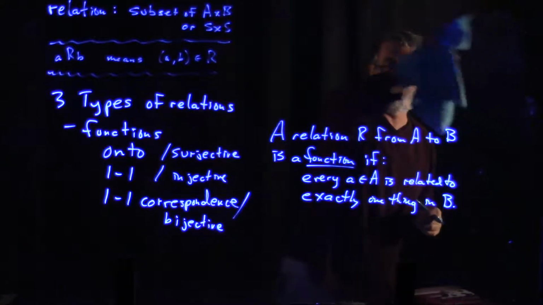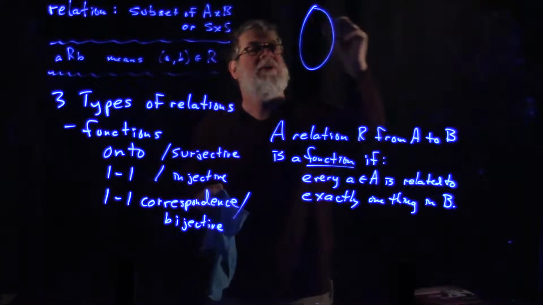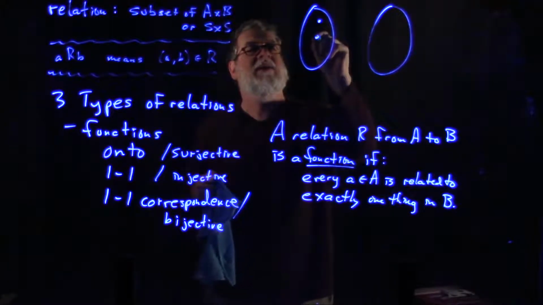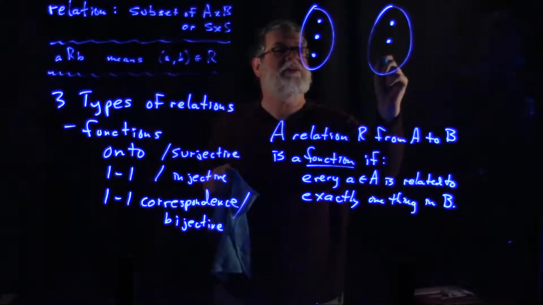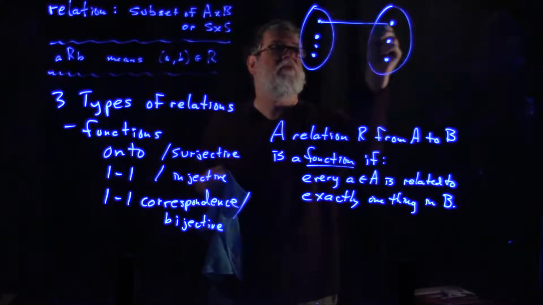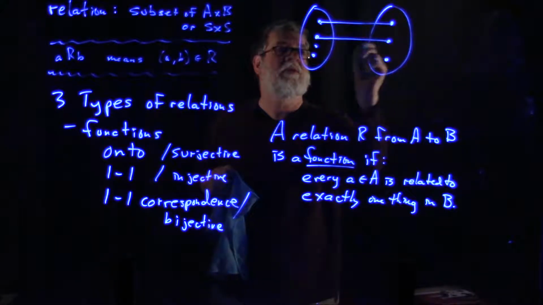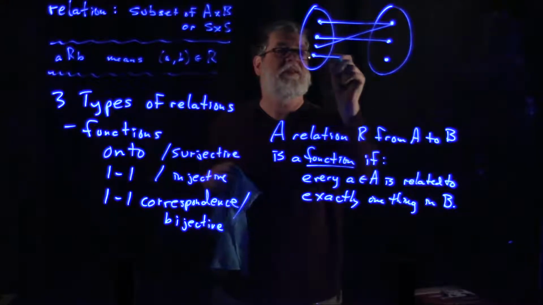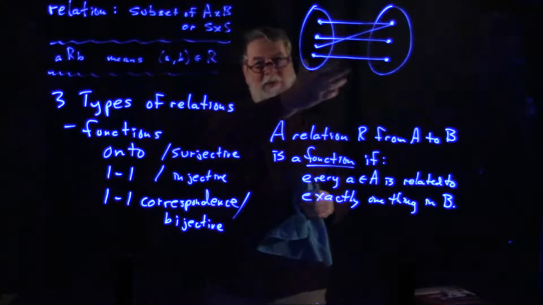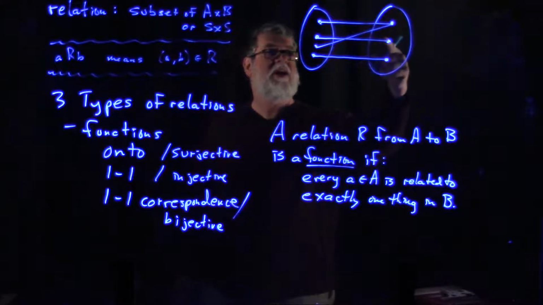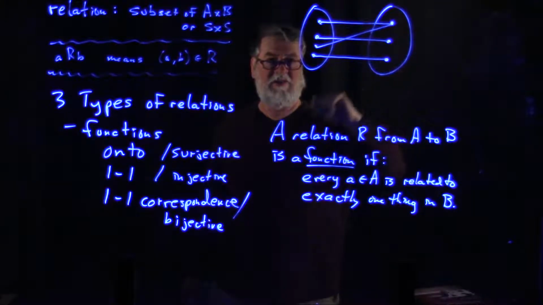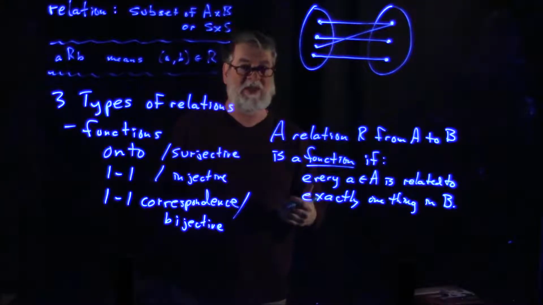An onto function is one in which every single thing on the right is hit by something. Let's suppose we have 4 on the left, and they are sitting like this. I'm not going to put numbers on them. This is onto because every single thing in B is related to something.